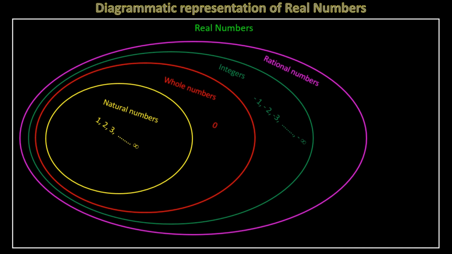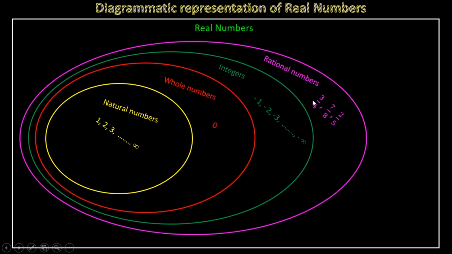This color, I think it's pink, represents the rational numbers. So there are fractions. We have not seen decimals up to integers, because natural numbers, whole numbers and integers do not have decimals.